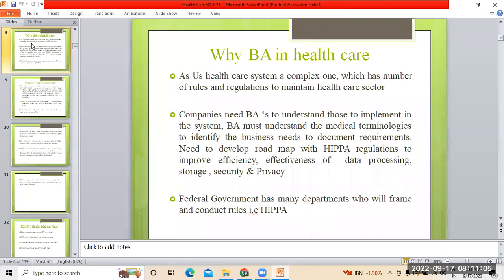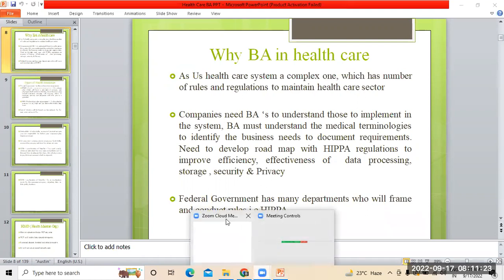At the same time, as I mentioned, there are different systems organizations use, like claim processing, adjudication, and all that. So if there are any changes to be made to the existing ones, that can be done as well. So this is in brief what healthcare business analysis is all about.